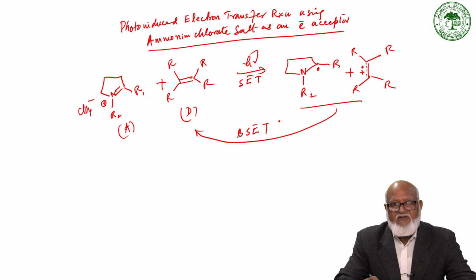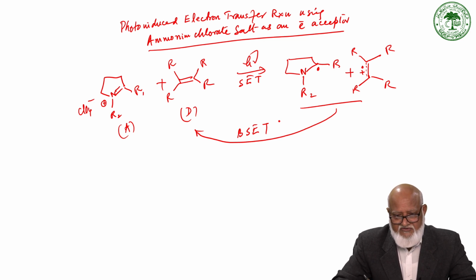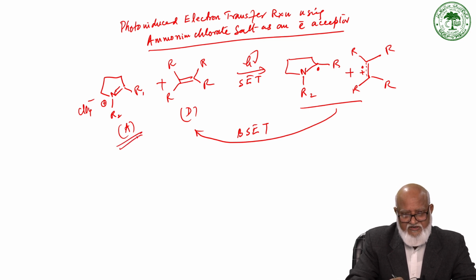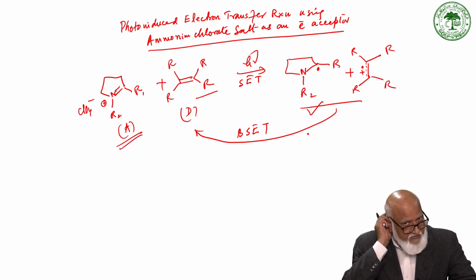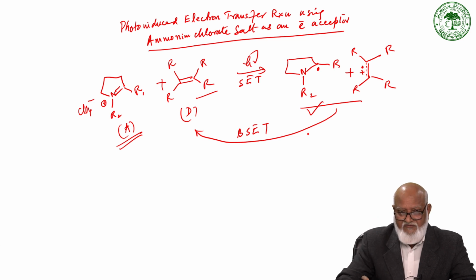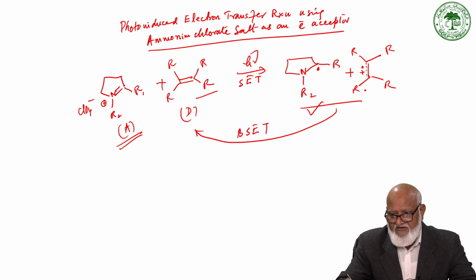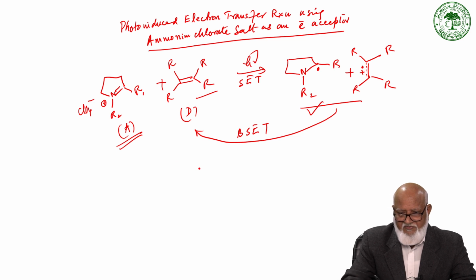These reactions have been well established. The ammonium chlorate salts act as a very good electron acceptor, the alkene being electron donor, generating an ammonium carbon center radical after accepting the electron, and the alkene radical cation, and this comes back.